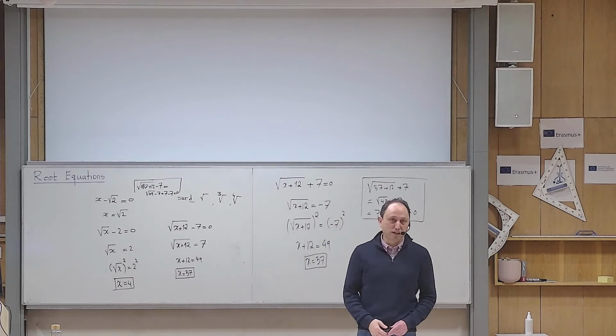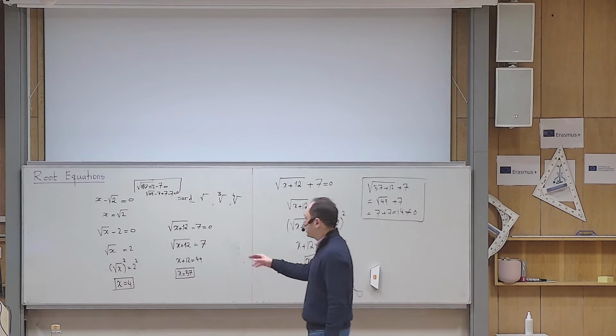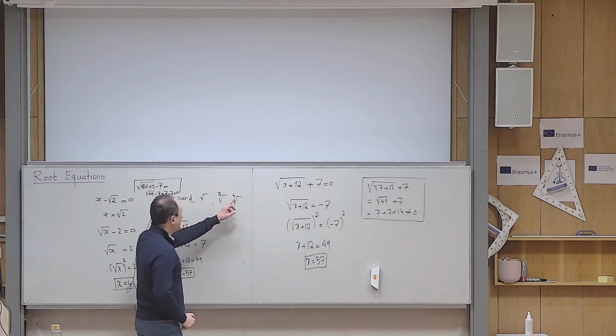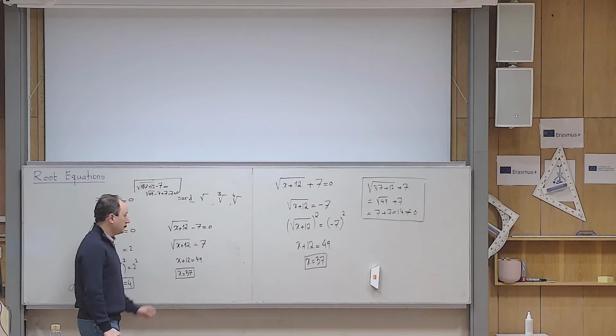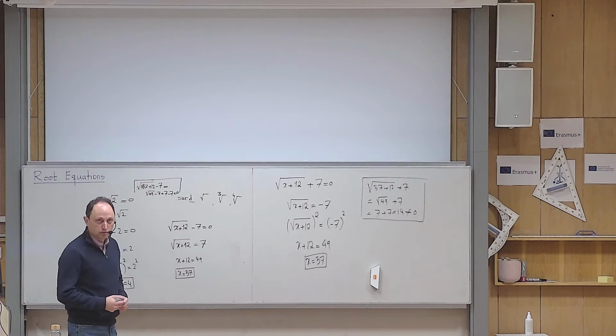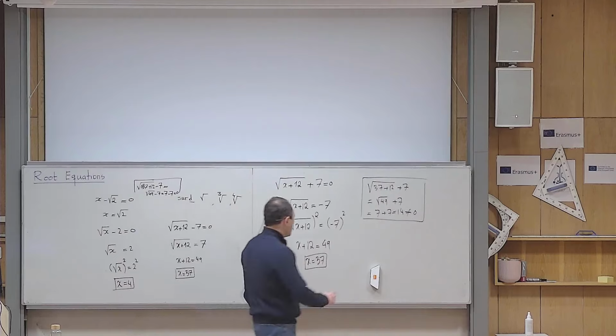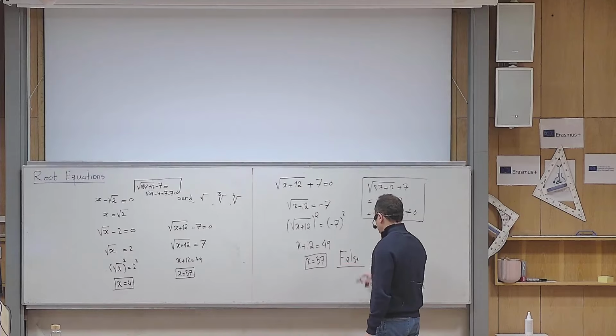First of all, this is a bad news or good news, I don't know, but you have to be aware of it. In root equations, with even roots, not the third, this can happen that you can have what is called a false root. So this is a false root. So you derive it, but this is not reliable.